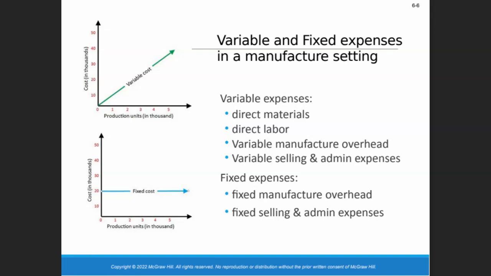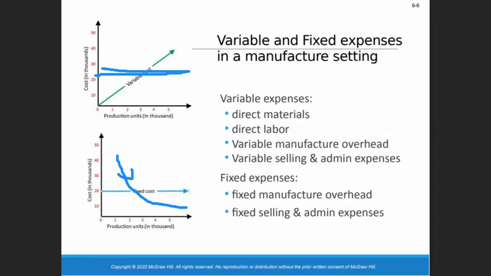Okay, if I can draw this. The fixed cost per unit is a decreasing curve, and the variable cost per unit is a constant. So be careful when you talk about this cost behavior.